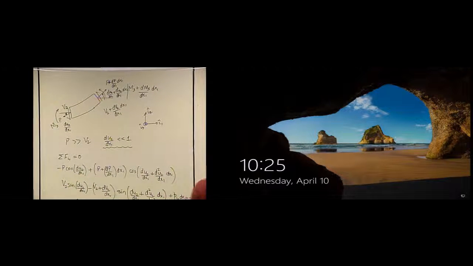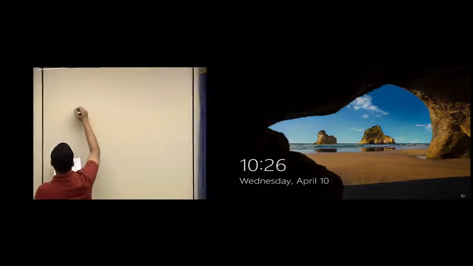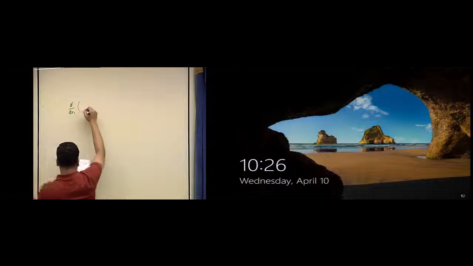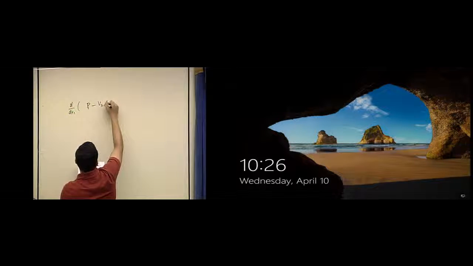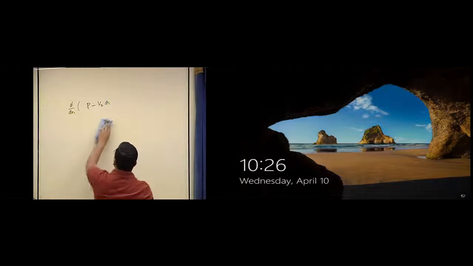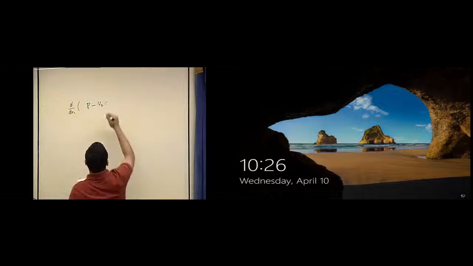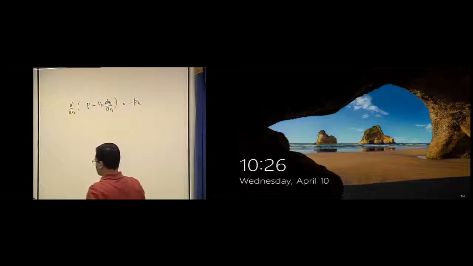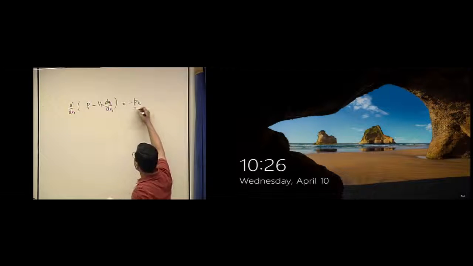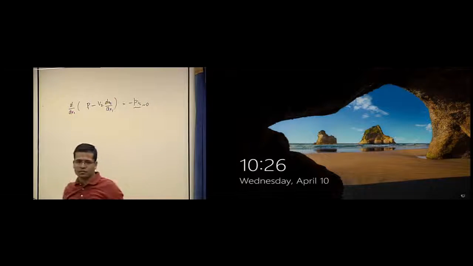So when we simplify, we get d over dx1 of capital P minus v2 du2 over dx1 is equal to minus p I1, right? And this component will be almost equal to 0 because it's very small.